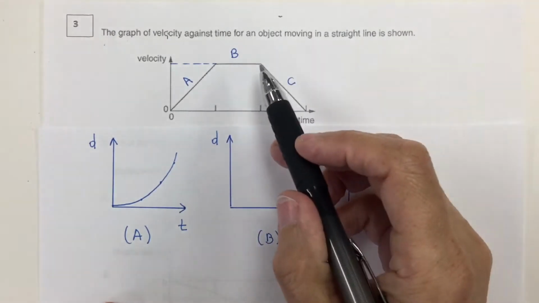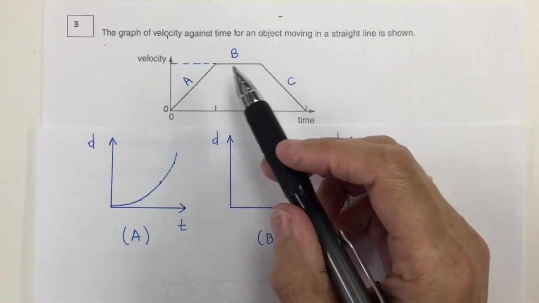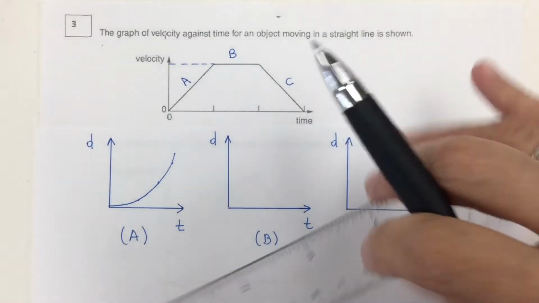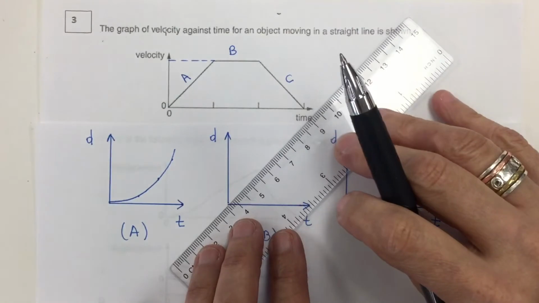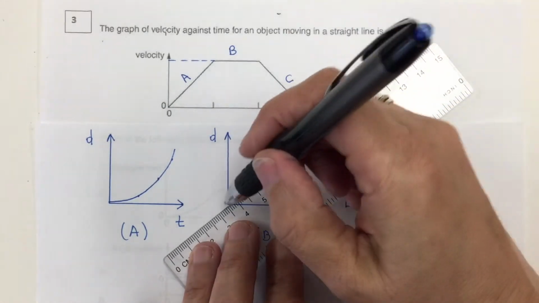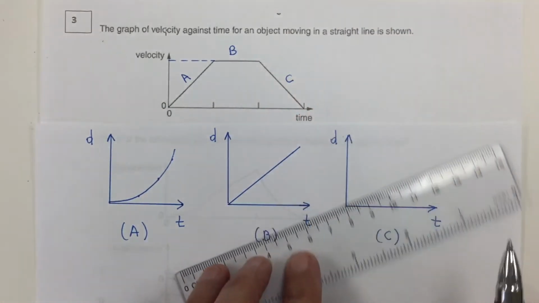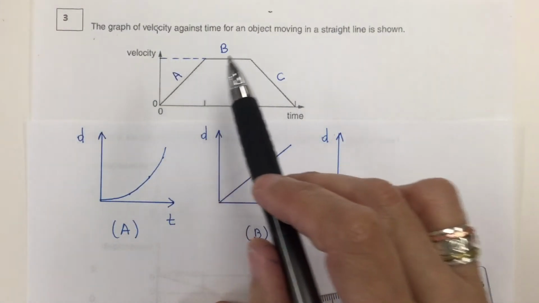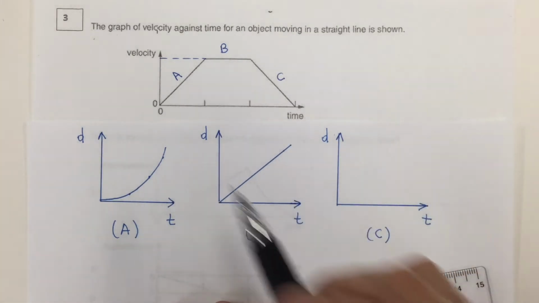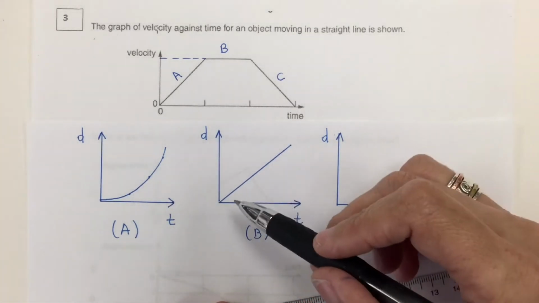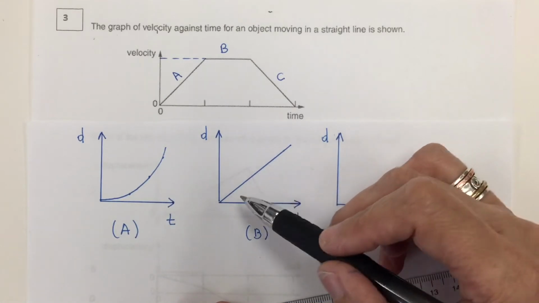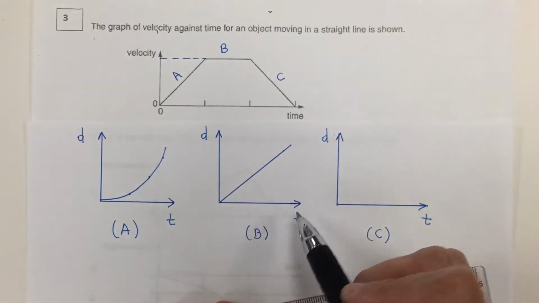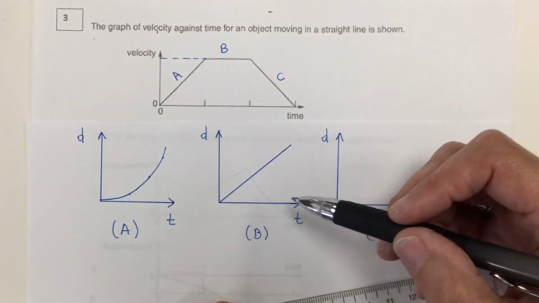For section B, it is moving with a constant velocity. In terms of the distance time graph, that would be a straight line at which the slope is constant. And the slope is the distance over time, which is velocity or speed.